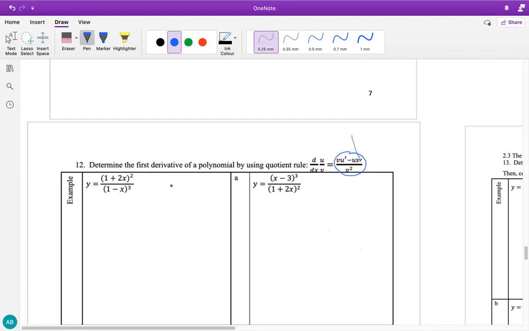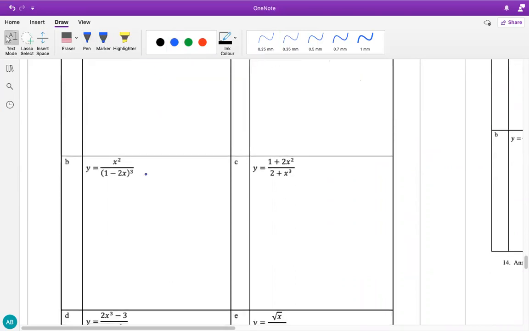So what we do is we change this one as y equals 1 plus 2x squared and then (1 minus x) to the power negative 3. Then it becomes a product rule. Easy for you to do. So in the exam, if the question didn't ask you to use quotient rule, you can use product rule. But here we need to learn how to use quotient rule.